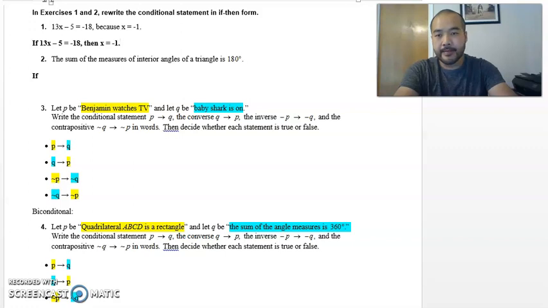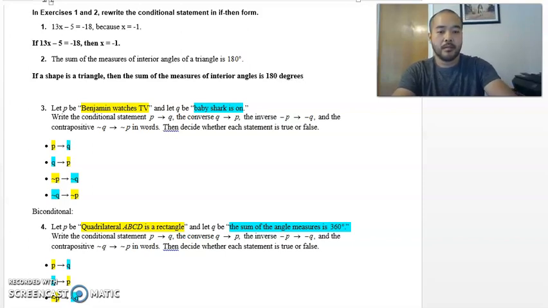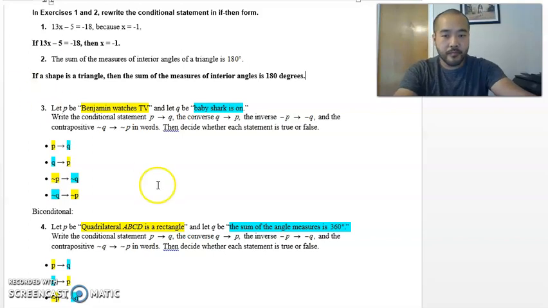There we go. That's the conditional statement. This next one, if a shape is a triangle, then the sum of the measures of interior angles is 180 degrees. Right.